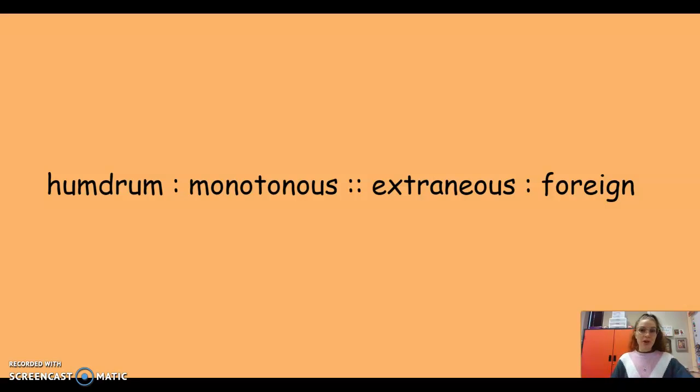Here is an example of a completed analogy. Humdrum is to monotonous as extraneous is to foreign. The colon right here between humdrum and monotonous means is to, which means those two words are related to each other. The colon between extraneous and foreign also means is to, because those two words are also related to each other.